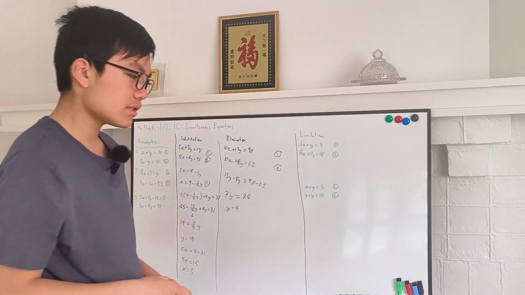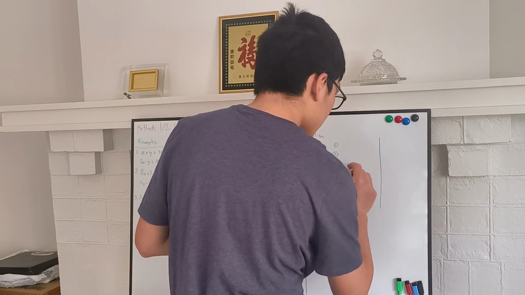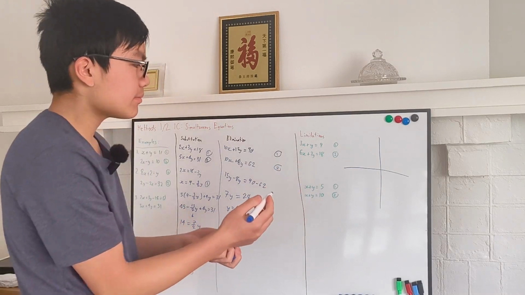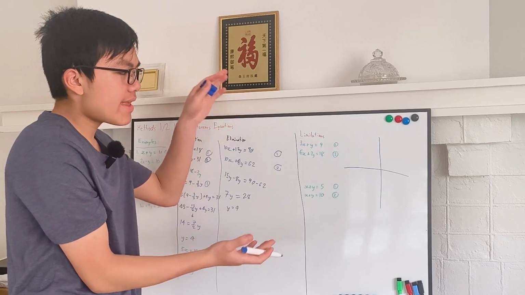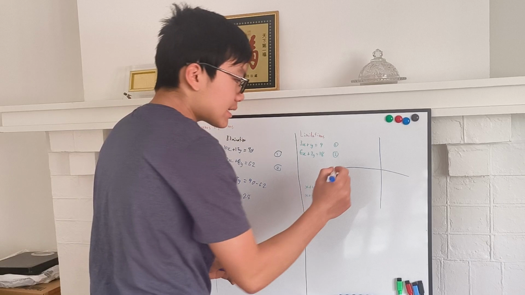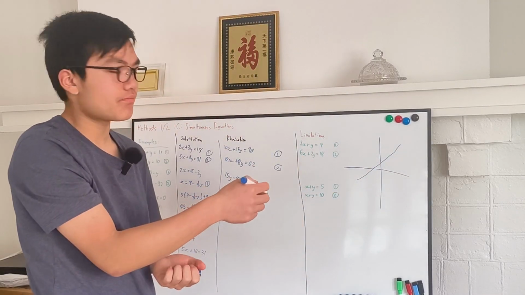So let's draw a little Cartesian plane, with x and y axes. Because when this equation is multiplied by 2, it's the exact same as the second equation, this indicates that both lines are the exact same.